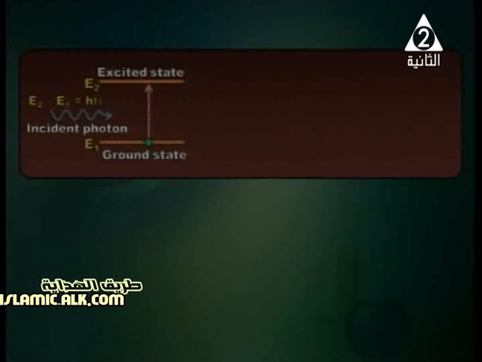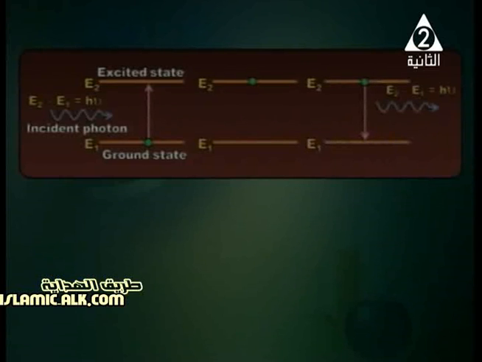Then what happens when this photon falls on the atom? The electron is excited and makes a transition to the energy level E2, but it stays for a very short time. Then it relaxes once again to the ground state, emitting a photon having energy equal to E2 minus E1, equal to h nu.